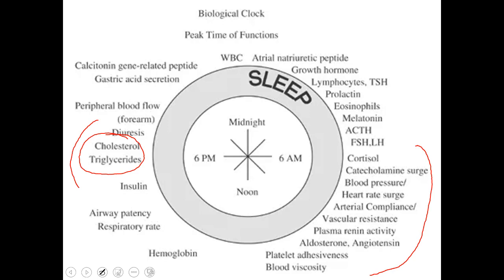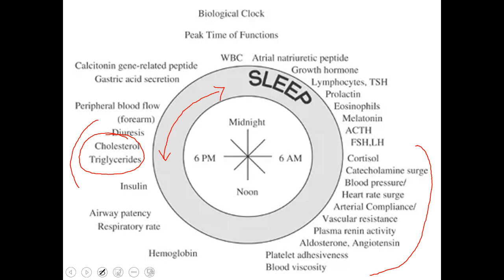The liver has the maximum rate of lipid synthesis at night time, particularly between 12 and 5 o'clock, when it has the maximum rate of synthesis of cholesterol and triglycerides.